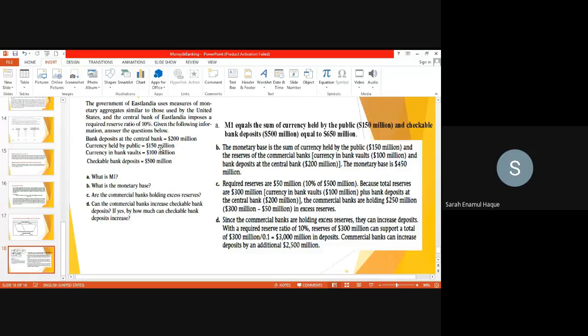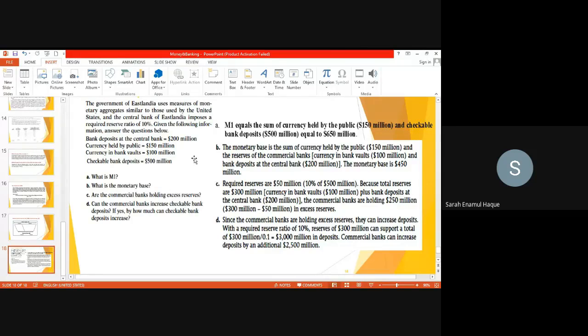So that's 150 million plus reserves. By reserves they mean the reserves of the commercial bank, which is basically the currency in bank vaults and the bank deposits at the central bank. So total reserves, which we calculated was $300. Remember, $300 total reserves? Yes ma'am. So 150 plus 300, that's why.